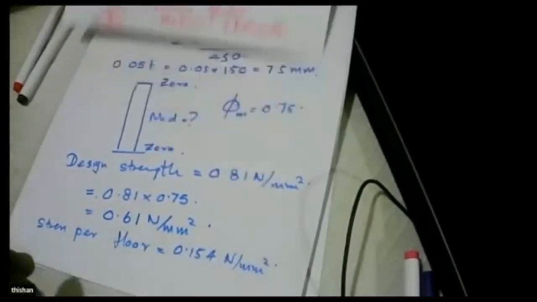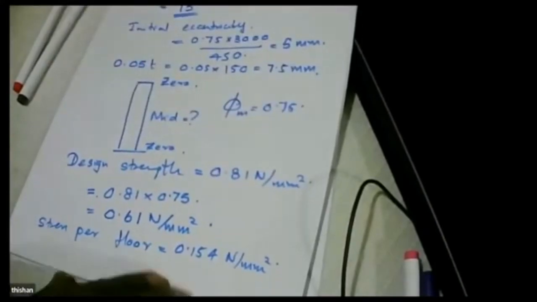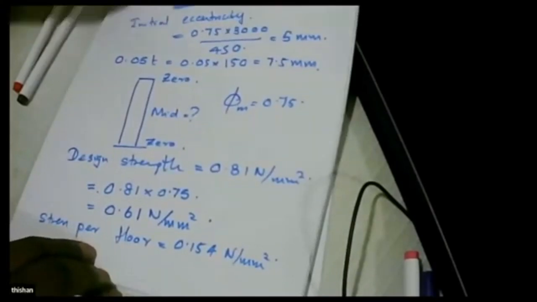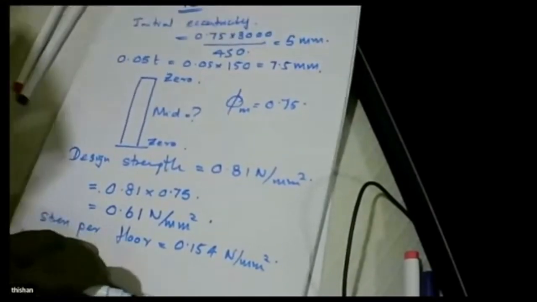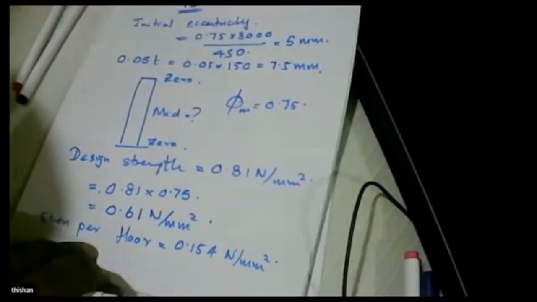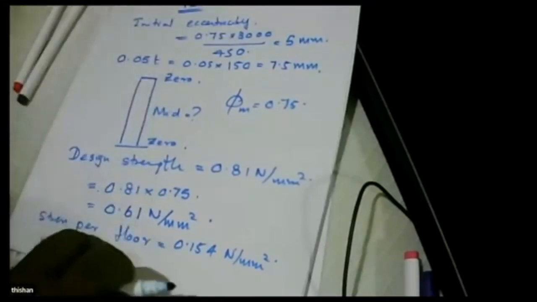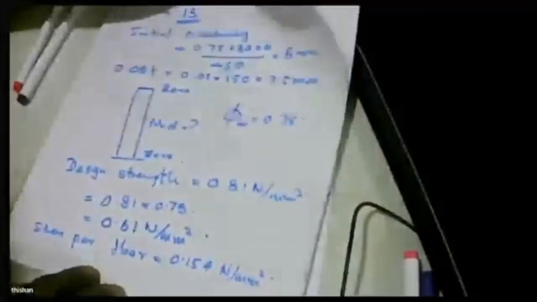So that means it's only 1/4 of this value. So this indicates we can go up to a number of floors.